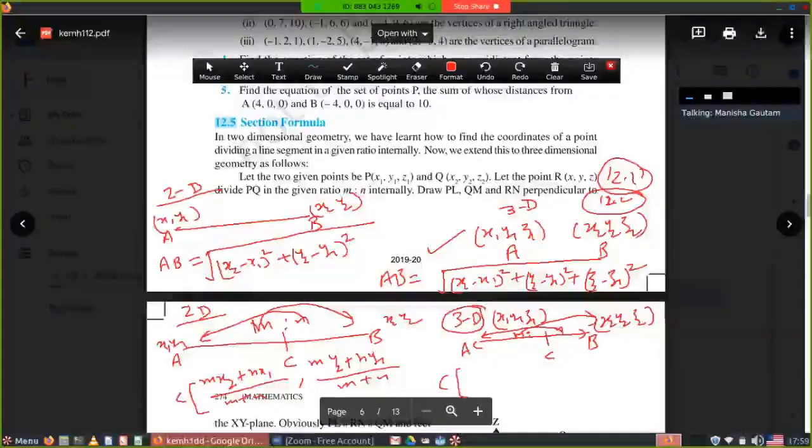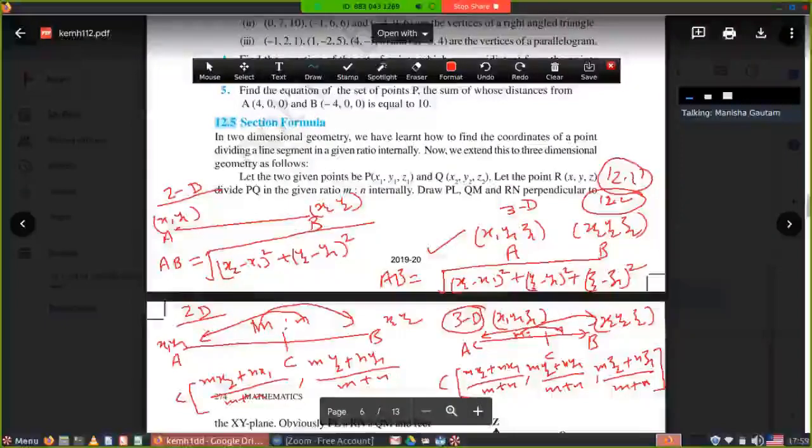You will get (mx2 plus nx1) upon (m plus n), second is (my2 plus ny1) upon (m plus n), and (mz2 plus nz1) upon (m plus n). Now these are the coordinates of C.